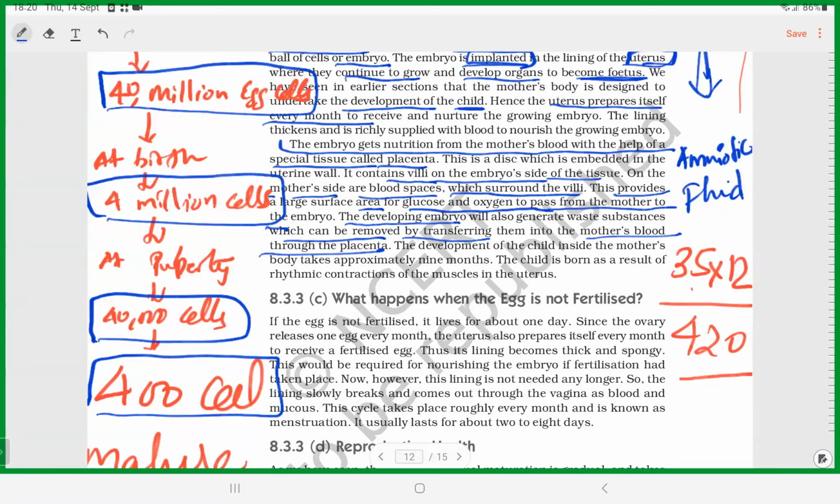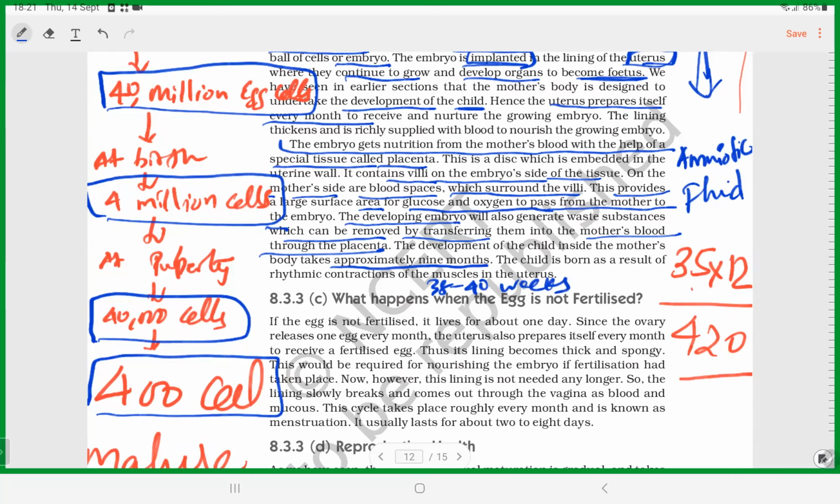Fine. So, gestation period. What is the gestation period? Nine months, almost 40 weeks, 38 to 40 weeks, during which the baby is in the mother's womb.